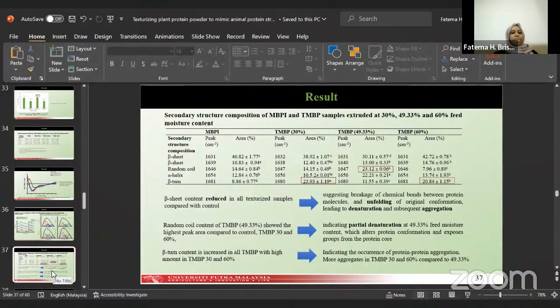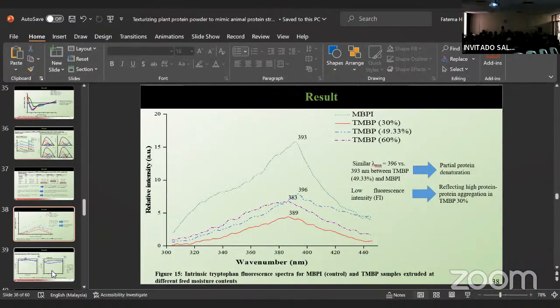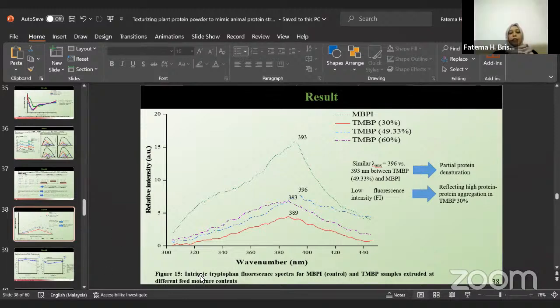And then we have this intrinsic tryptophan fluorescence, which we use to understand the third folding, that is, what we call tertiary folding of the protein. As I mentioned, proteins have 4 folding levels, so this is the third folding that we have. And even at the third folding, we have some changes in all the samples.